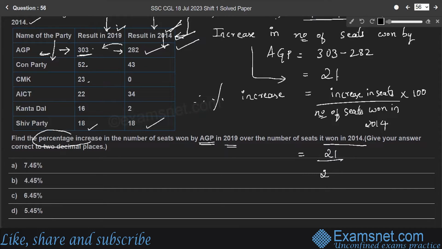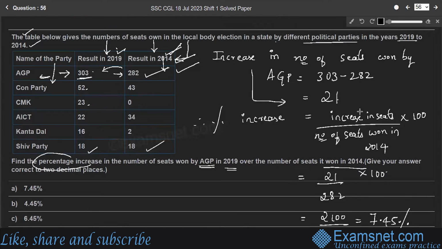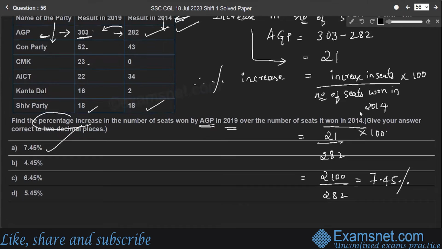Compared to 282 seats in 2014, for 100, it is 2100 by 282. So you will get 7.45 as the answer. So the percentage increase in the number of seats won by AGP in year 2019 is 7.45%. Option A is the right answer.